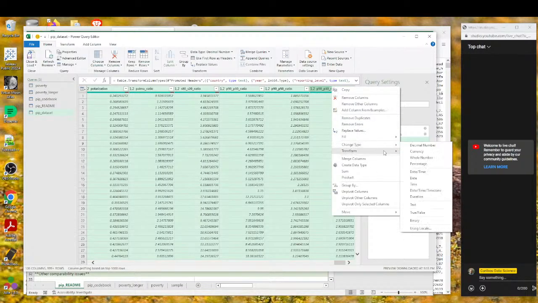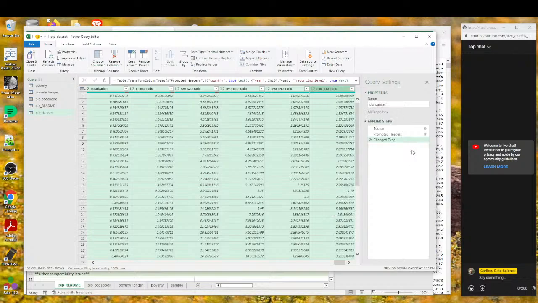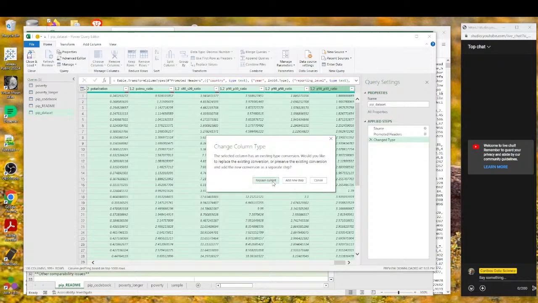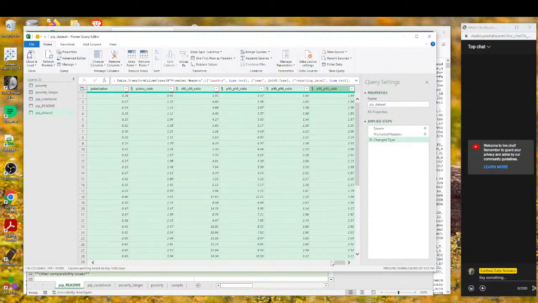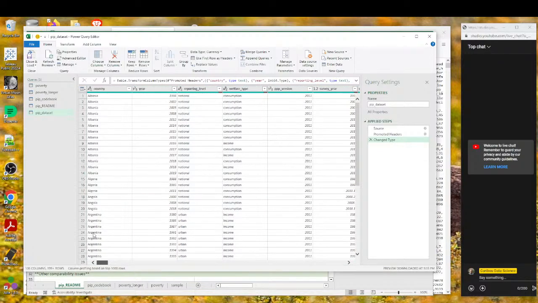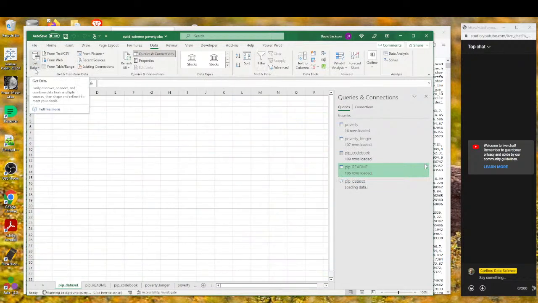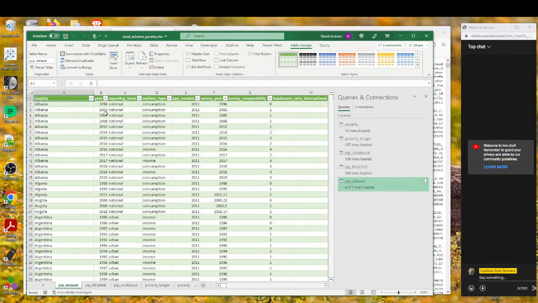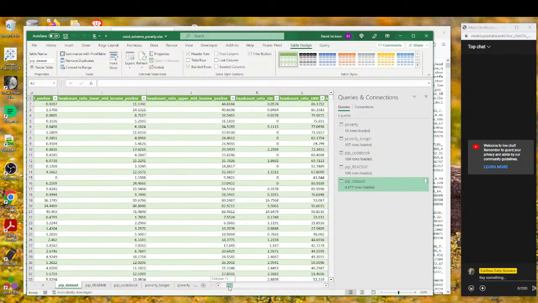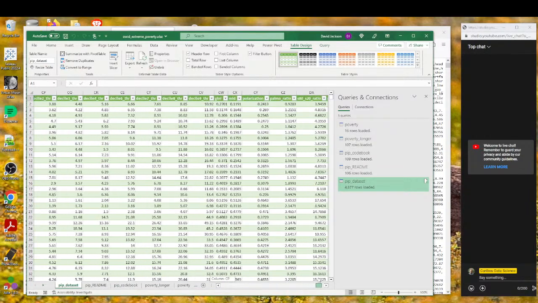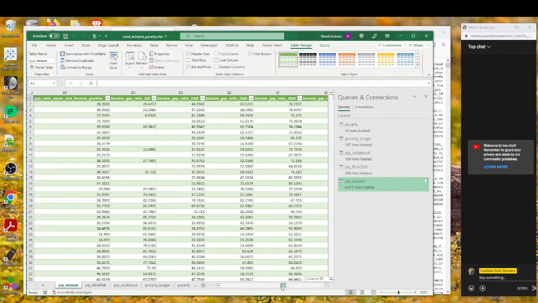And let's do change type, currency. All right. Hmm. Let's load this.